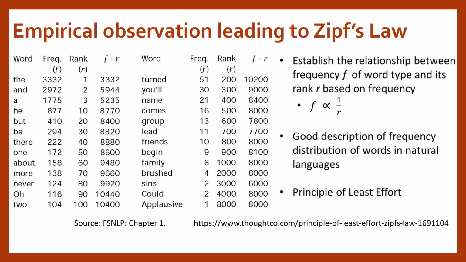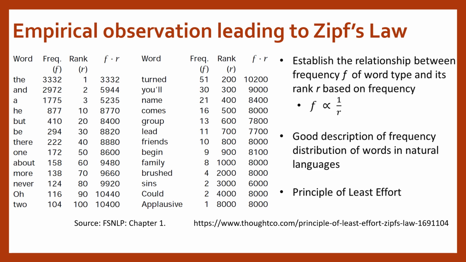That is also true in language learning, when we speak and when we listen. So how do we explain this observation through the lens of the principle of least effort?